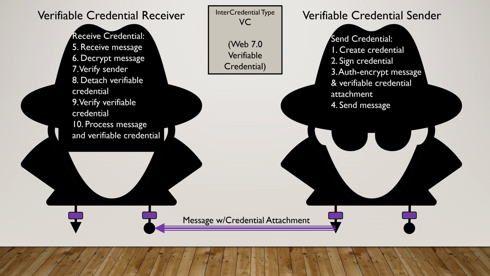Steps 5, 6, 7, and 8 are the standard steps that we do for a bare credential. Once we have the credential, though, we need to verify it, if it's a verifiable credential, that it has a verifiable proof attached to it.